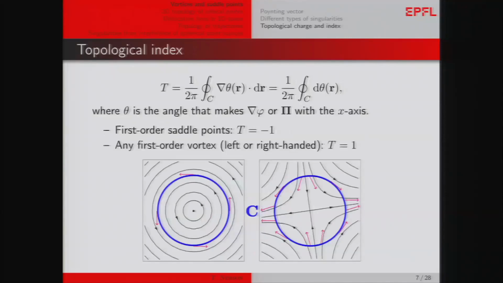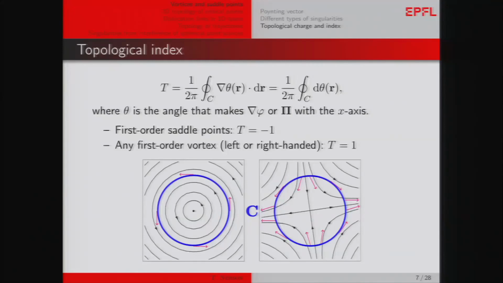And then we will define the topological index. Again, the equation looks similar but it's not the same, since here saddle points give -1, and so does any other type of critical point. In this presentation, we just see saddles and vortices. For a vortex, T equals 1.